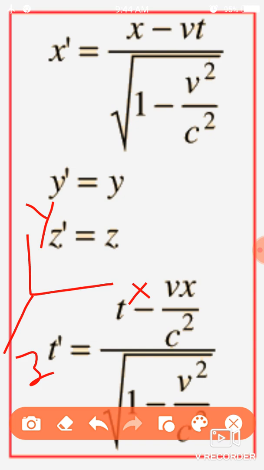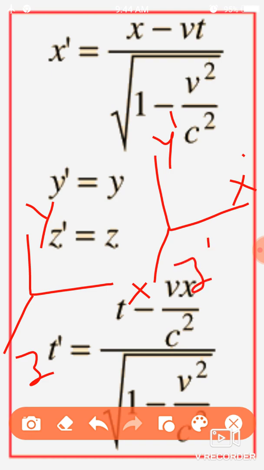In the moving frame, we have x prime, y prime and z prime. These are the coordinates x, y and z in the moving frame, of observer B, and here observer A stands in the lab frame with coordinates x, y and z.